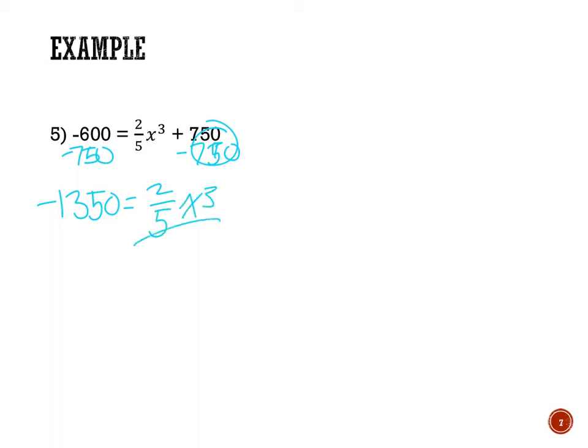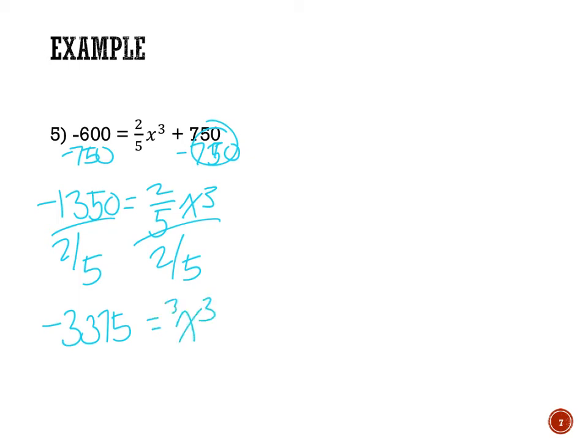I'm going to divide by 2/5. Negative 1350 divided by 2/5 equals negative 3,375 equals x cubed. Take the cube root of both sides. x equals 15.